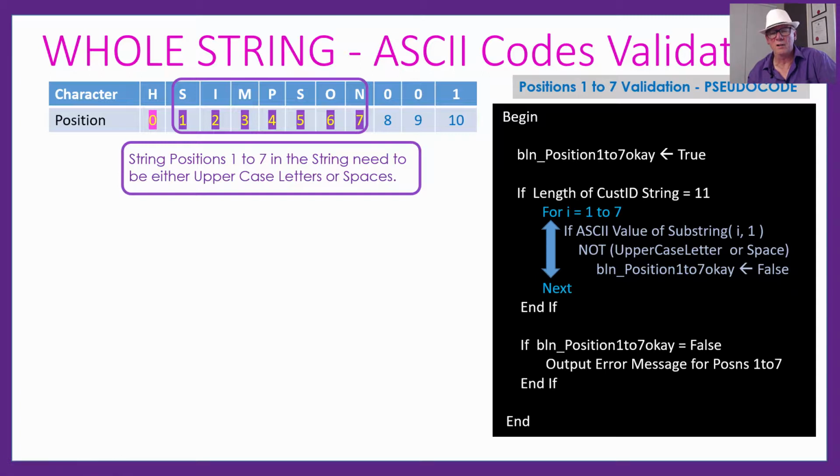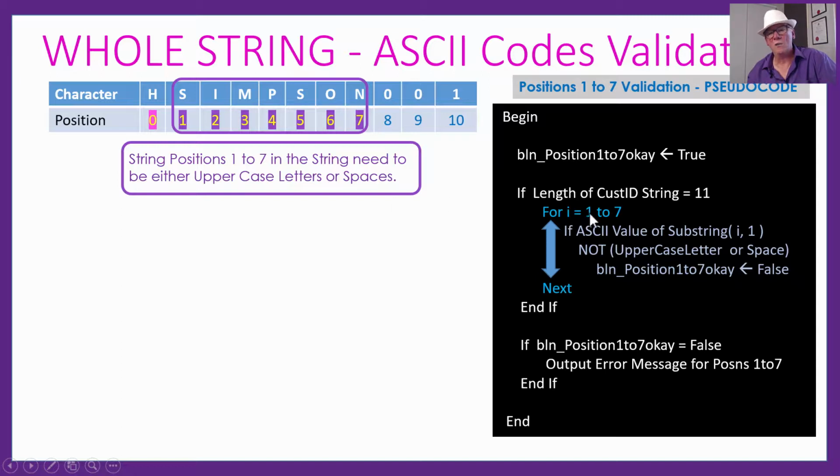Then it goes to number 2, so substring I is up to 2 now, so it goes 2, 1. It goes to position 2 for a length of 1, which means just that one box, and checks it out. If that's okay, it does nothing. If it's got something wrong with it, this indicator gets set to false.